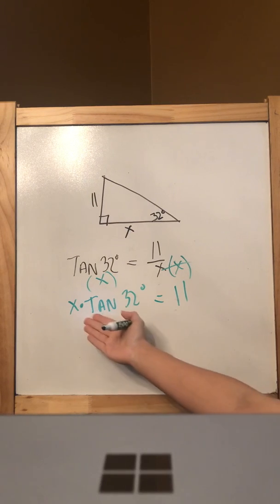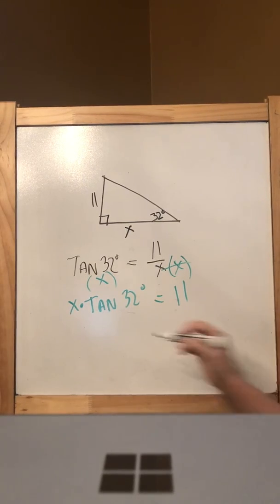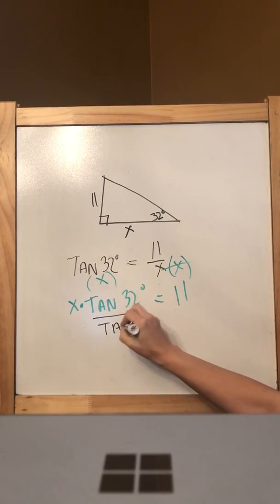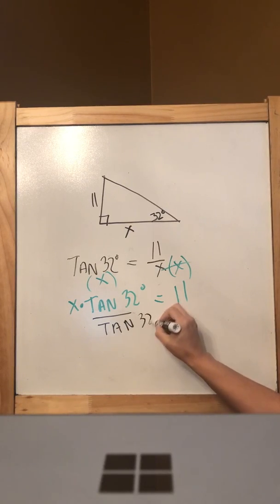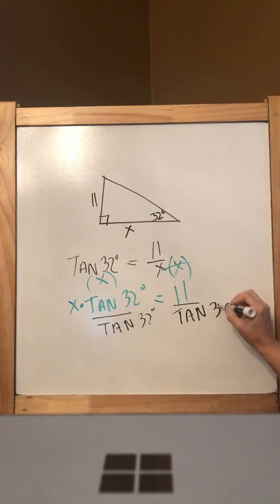Okay, so now what do we do if we're trying to isolate a variable? Same thing we always algebraically do. We're going to go ahead and divide by the tangent of 32 degrees on both sides. We're not doing anything crazy here. This is just normal algebra.